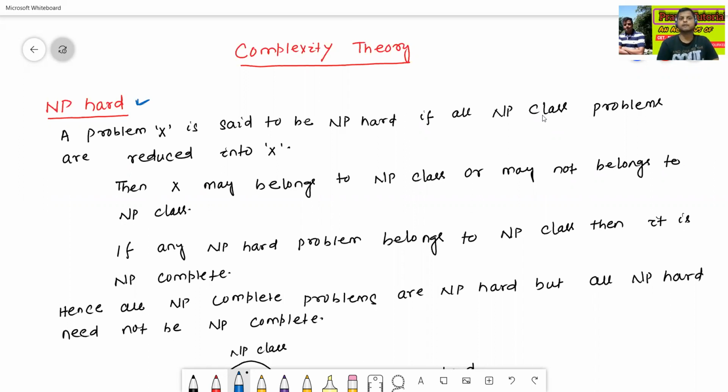So what is the meaning of an NP hard problem? A problem X is said to be NP hard if all NP class problems are reduced into X. Let this be the NP class, which contains problems like X1, X2, up to Xn.